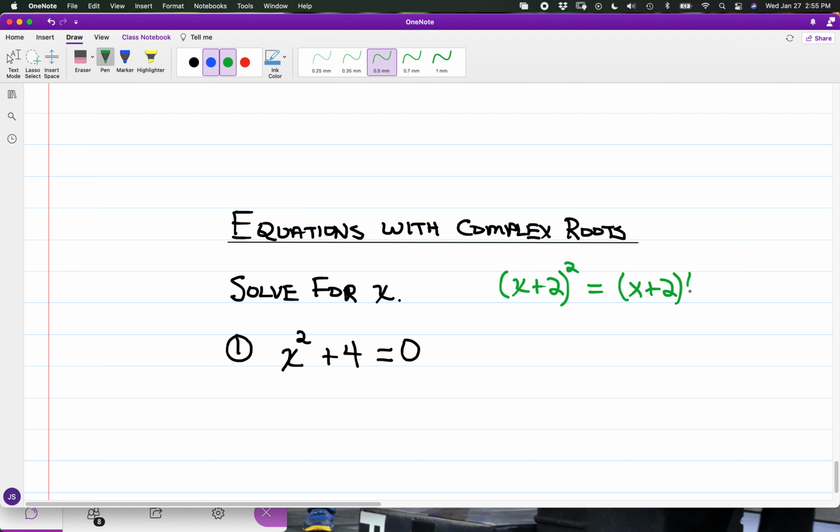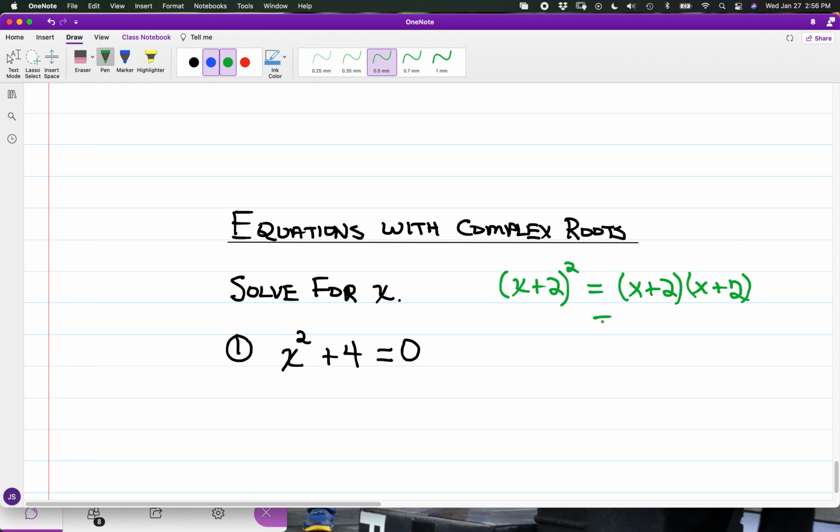I've seen some make the mistake of taking x squared plus 4 and saying it factors as x plus 2 times itself, or x squared plus 16 factors as x plus 4 times itself. And the answer would be no.